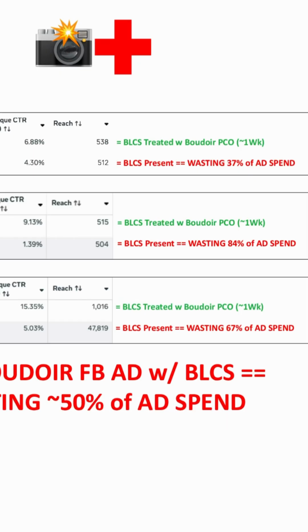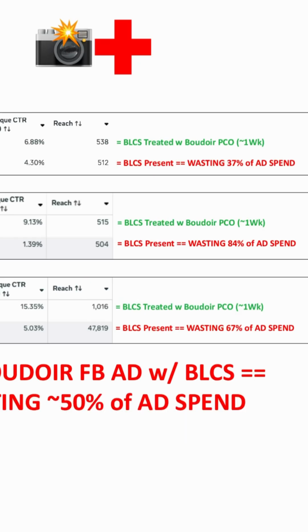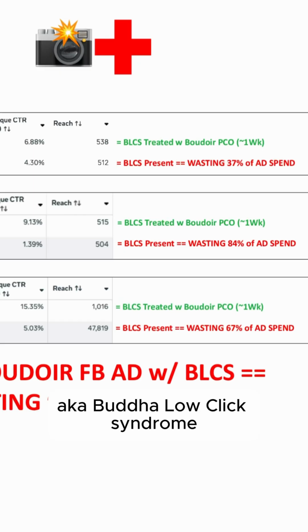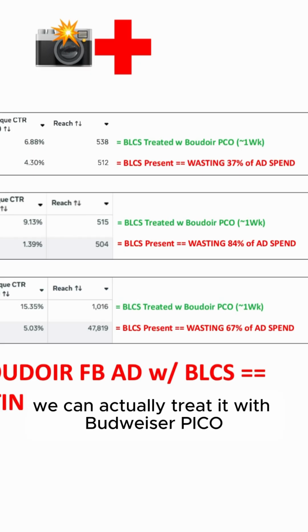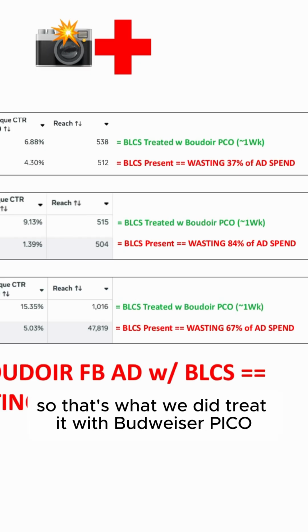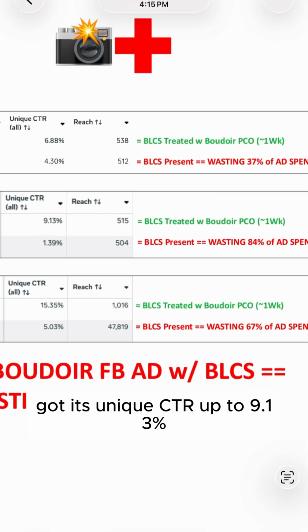Since it's under 6%, we know that BLCS is present, aka Boudoir low click syndrome, and as a result, we can treat it with Boudoir Pico. So that's what we did. Treated with Boudoir Pico, got its unique CTR up to 9.13%.